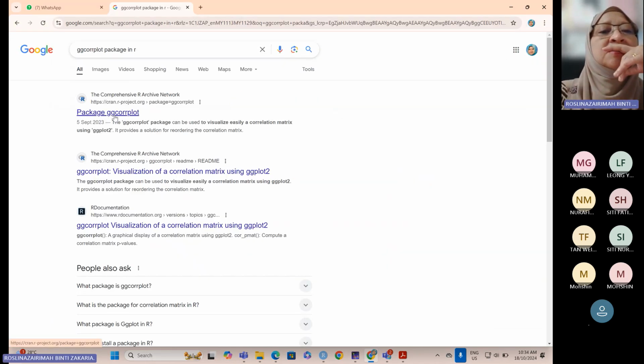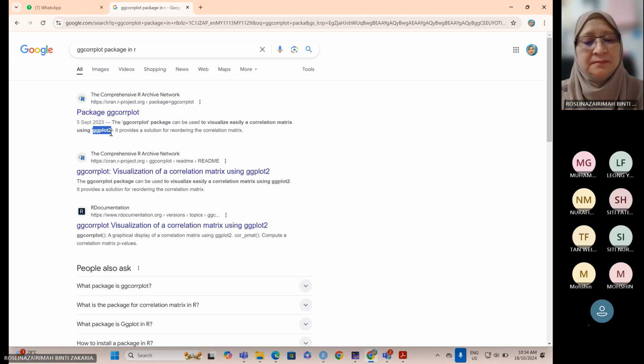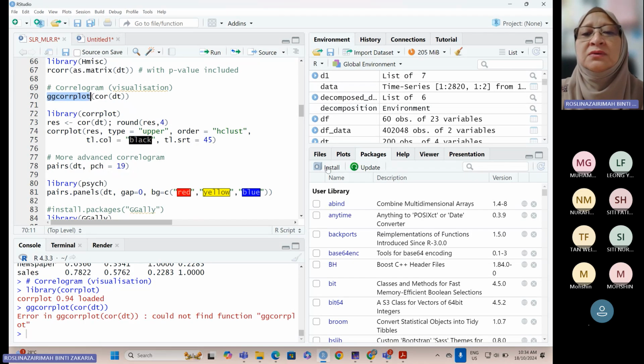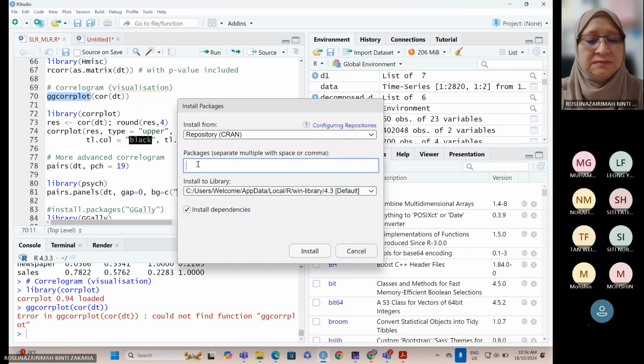Oh, it is called ggplot2. Okay, ggplot2. So I'm going to go to install.